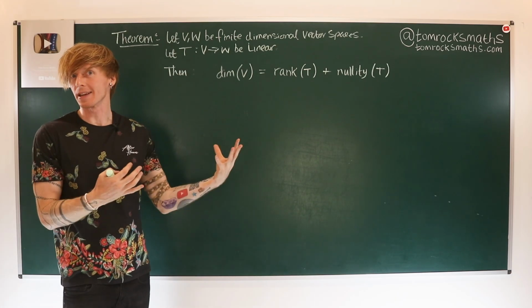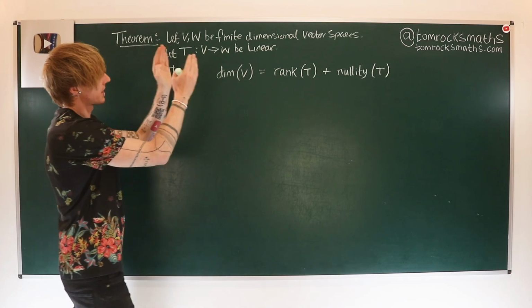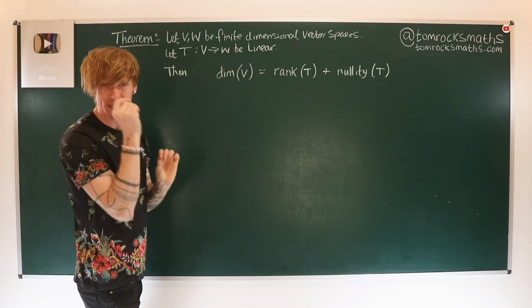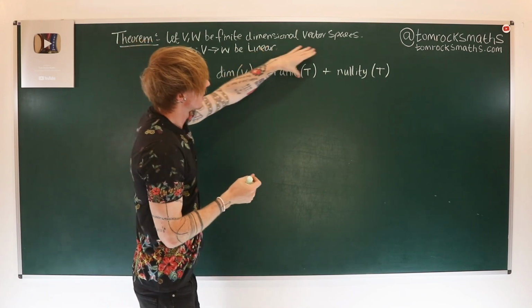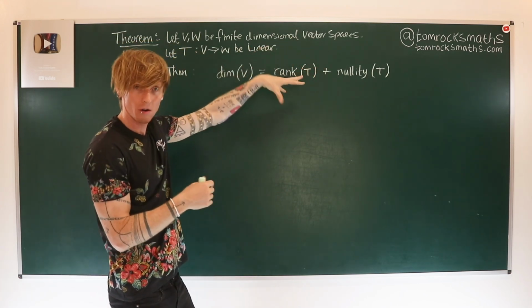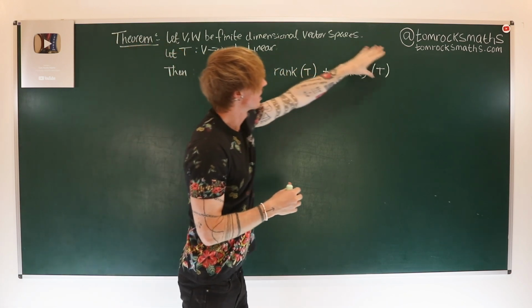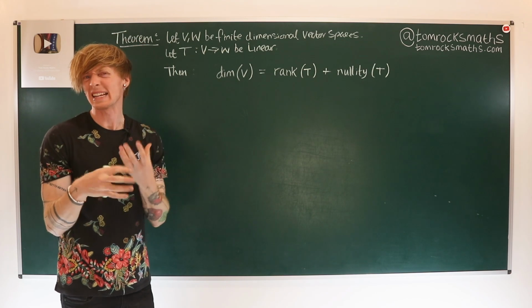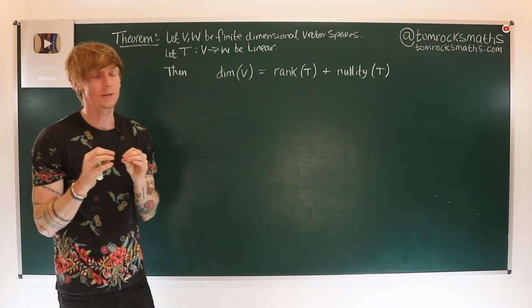So what this is saying is the dimension of your starting space for any linear map T is equal to the dimension of the image of that map plus the dimension of the kernel of that map. One way I like to think about it is as follows.